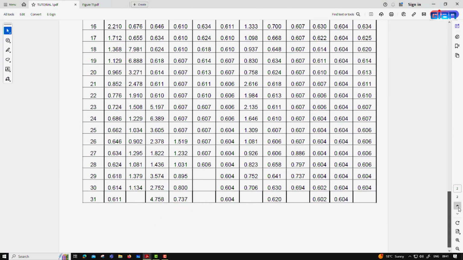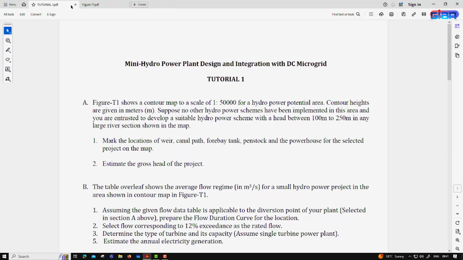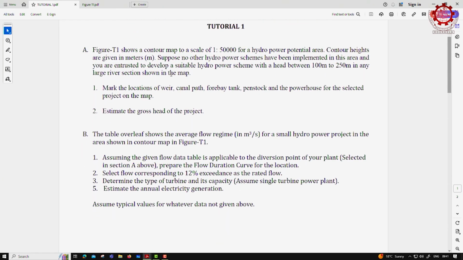It is given for all 365 days, and then further the tutorial says, section B1, assuming the given flow data table is applicable to the diversion point of your plant. Now, you have marked a diversion weir in section A. So, assuming that this table is applicable to the river flows coming to this point, the diversion point of your plant selected in section A above, prepare the flow duration curve for the location.